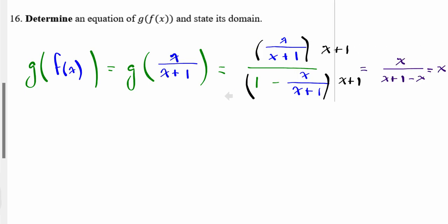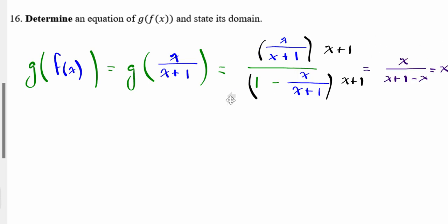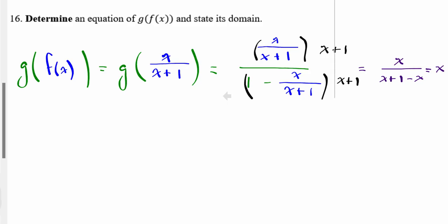I can multiply numerator and denominator by that common denominator, and once again, I end up with x as the result. So g of f of x is equal to x.